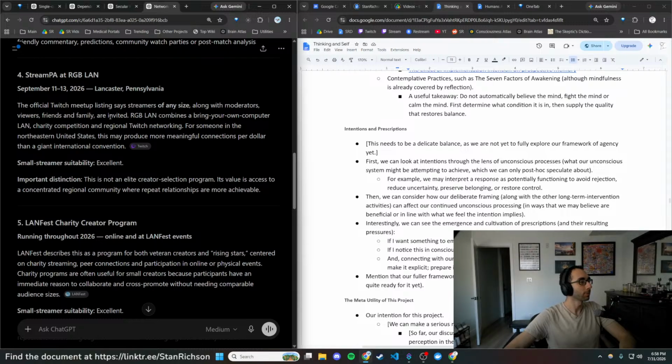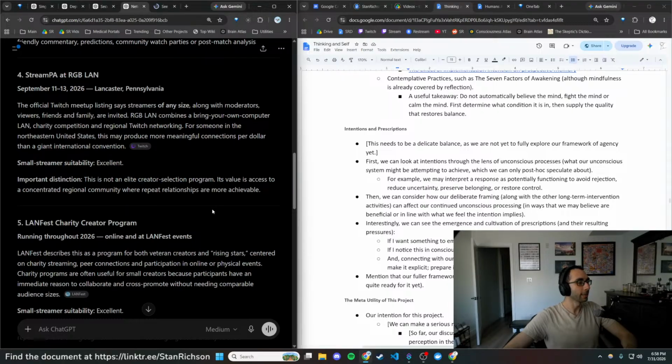We got Lancaster, Pennsylvania. The official Twitch meetup listing says streamers of any size, along with moderators, viewers, friends, and family are invited. It combines a bring your own computer LAN, charity competition, and regional Twitch networking. For someone in the Northeast United States, this may produce more meaningful connections per dollar than a giant international convention.